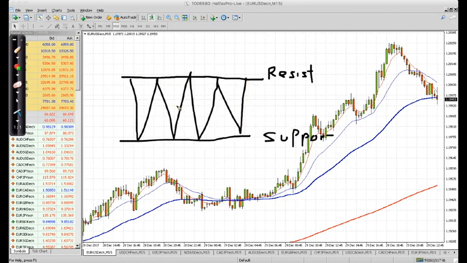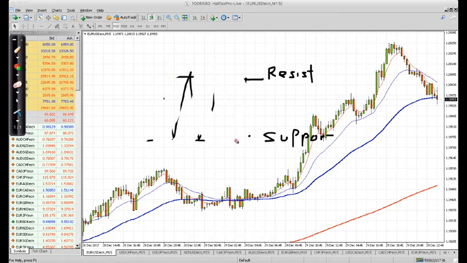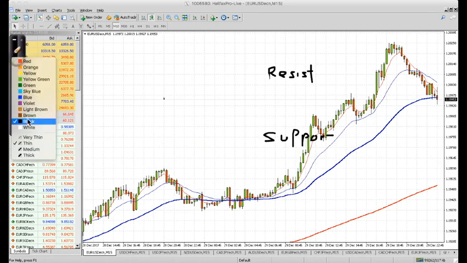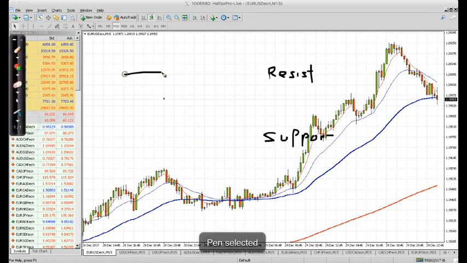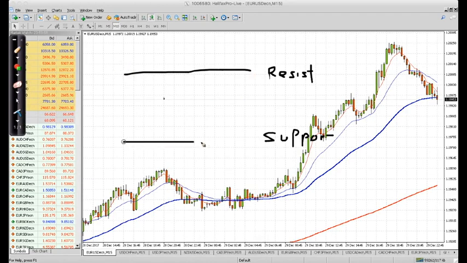So many times what happens instead, let me just redraw that. In reality, what happens more often instead is that this line is more like a zone, which means the price can go up and it doesn't exactly touch and come down.